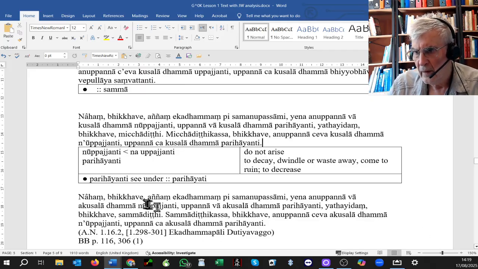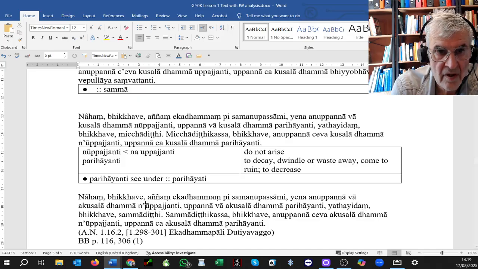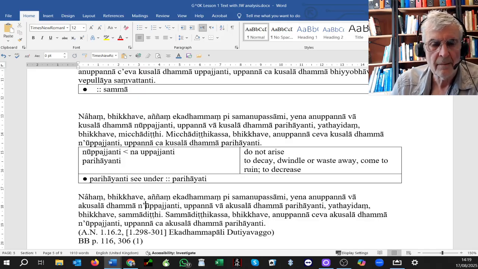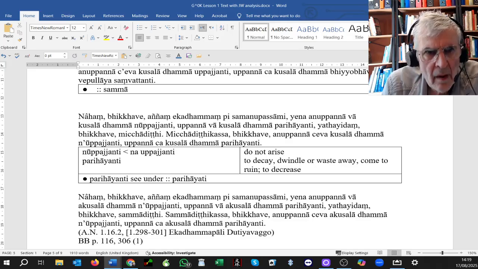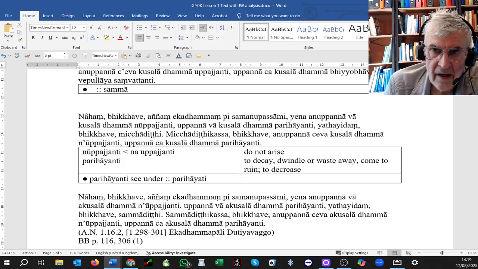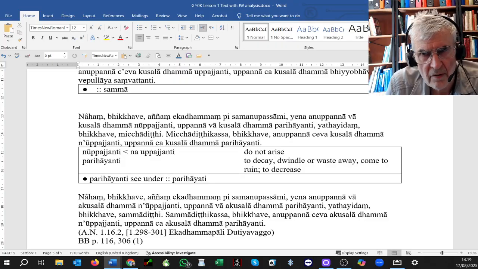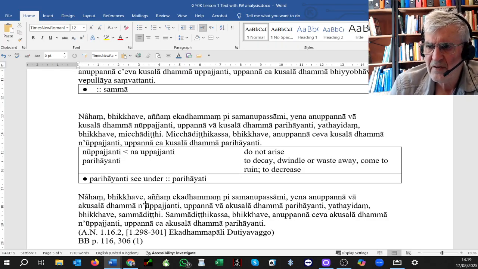I'm going to put an apostrophe here as well. You'll see where the cursor is, because that's na uppajjanti. What happened here is that the a of the na has disappeared, but the u of uppajjanti has doubled. That's slightly unusual in Pali. We've now got a long vowel before a doubled consonant. You do find it. If I'd seen nuppajjanti or na uppajjanti, that would have been perfectly normal. There's more than one way of doing it in Pali.